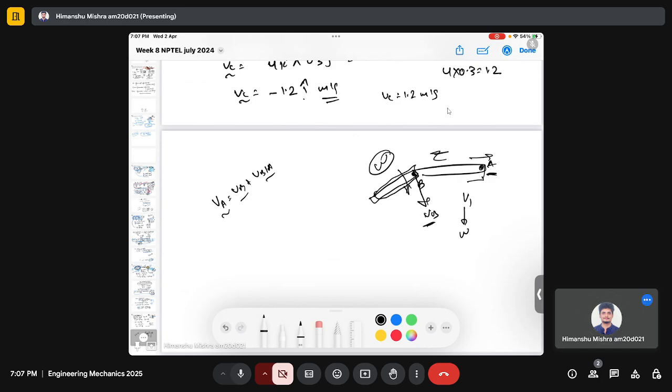They are not necessarily the same kind of motion. It can be a different motion. For example, this part is rotating while this part is translating. So using this relation we can find the required velocity.